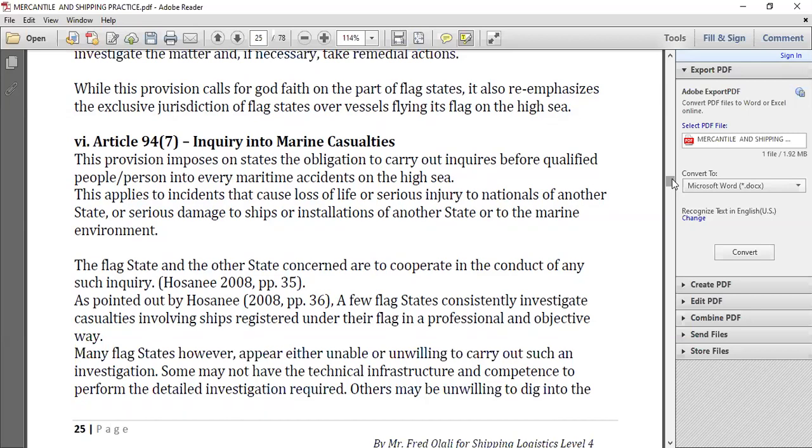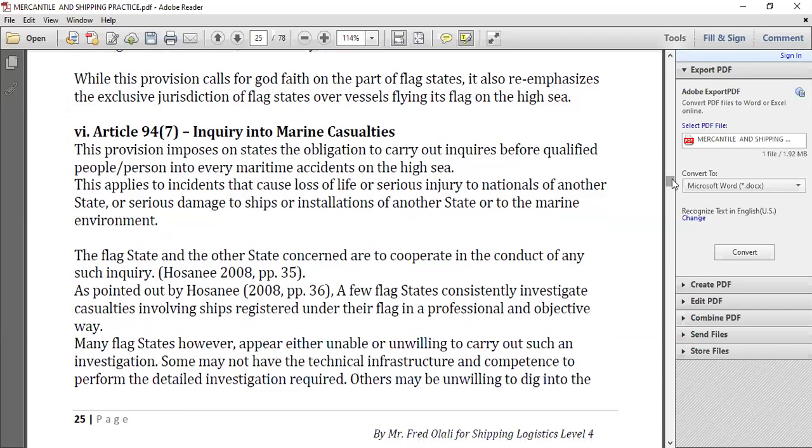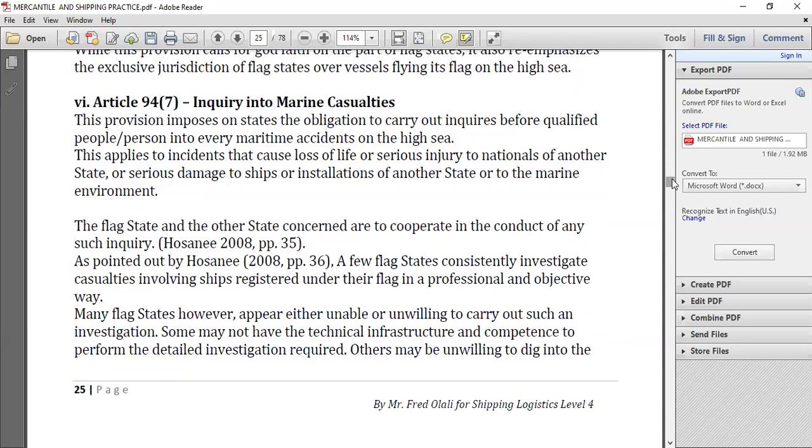So, inquiry into a marine casualty should be done by experts, people who know how to conduct that particular investigation, because remember, this involves compensation, and anything that involves compensation, if you don't table the right report as to what might have led to that particular casualty, then the obvious thing is that there's no compensation.